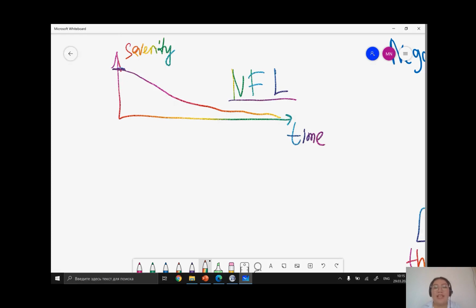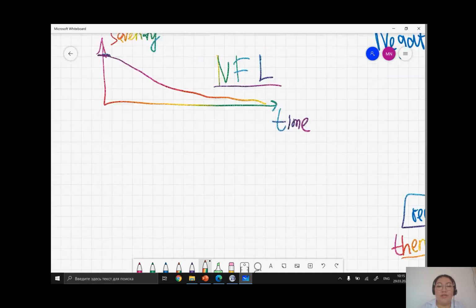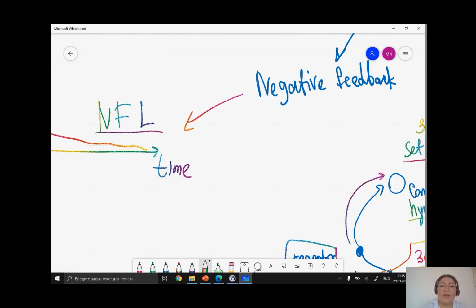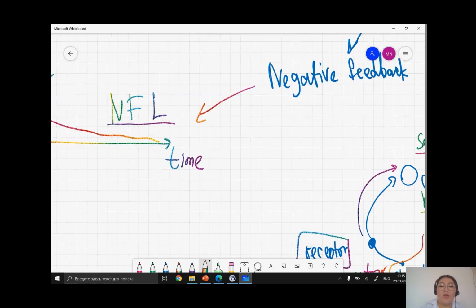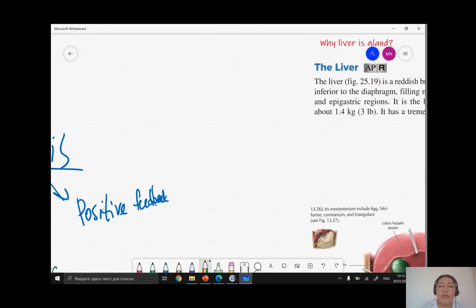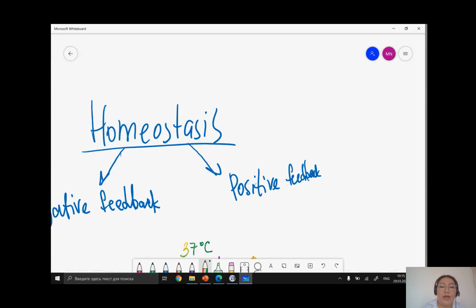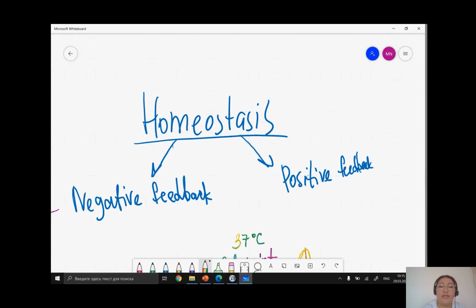Okay, so what about the positive feedback? Actually, the positive feedback is not so positive as you could expect. This is the negative; let's talk about the positive feedback. The positive feedback is the second mechanism that regulates and maintains our homeostasis. But in this particular case, positive means it will add more and more actions after one stimulus.